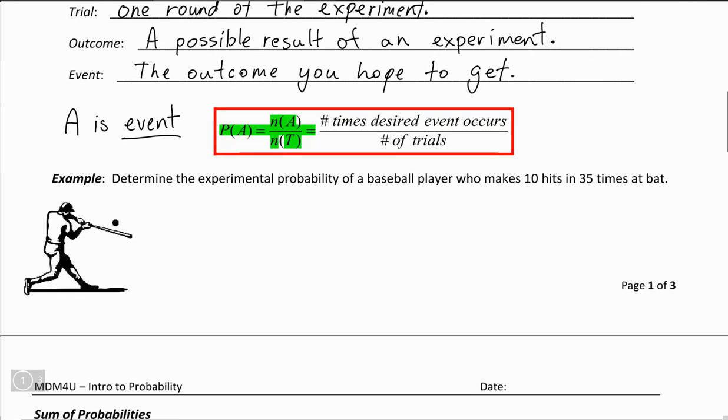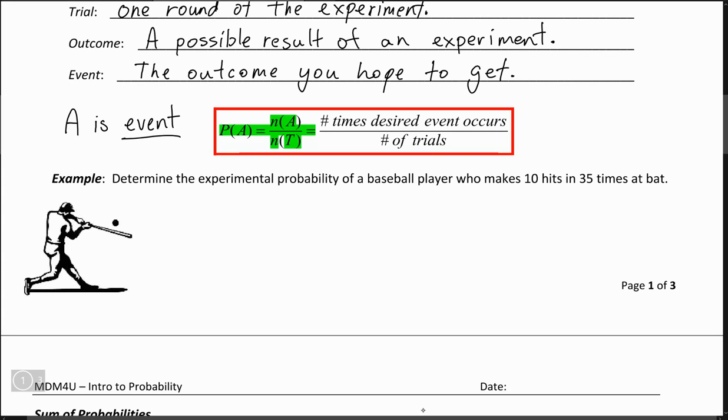Okay. All right, so here's an example. Determine the experimental probability of a baseball player who makes 10 hits in 35 times at bat. Okay, so what's the experiment? Well, the experiment is going to bat, to hit the baseball.